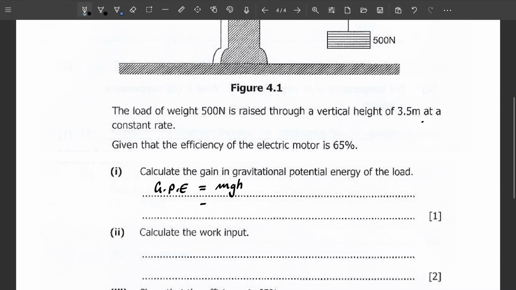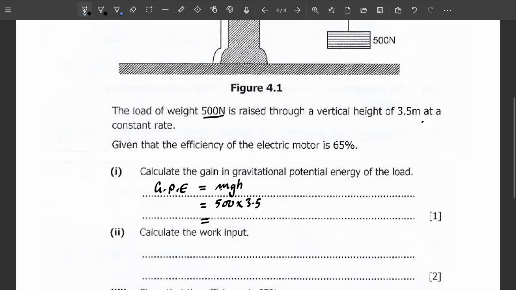Substitute: mg is actually the weight, so it will just be 500 times height, which is 3.5.